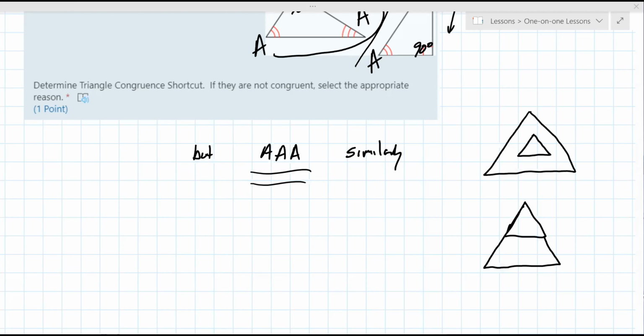All right, why don't you try number 12 on your own and tell me if you think you can get it. Angle, angle, side. It is angle, angle, side. I agree. How about 13?